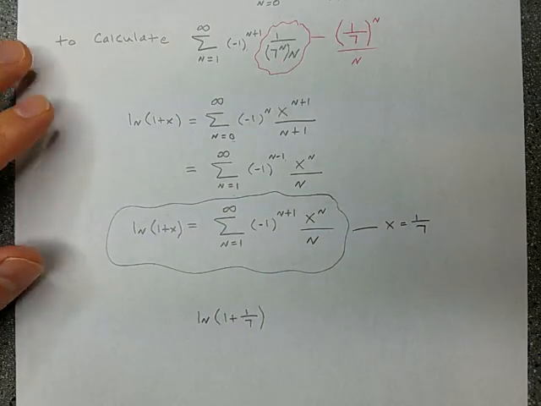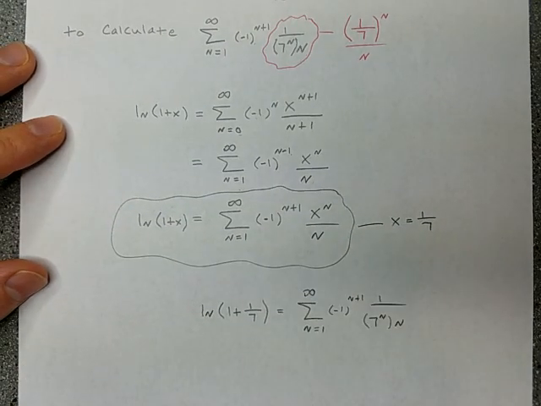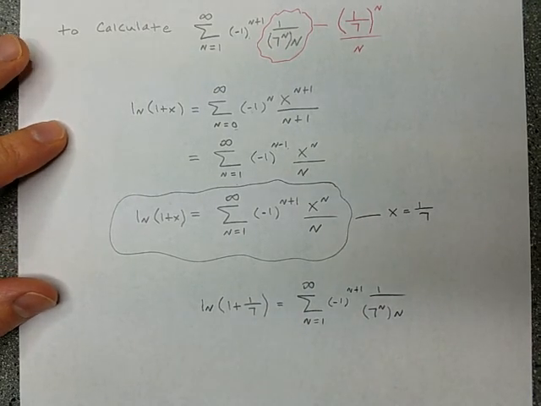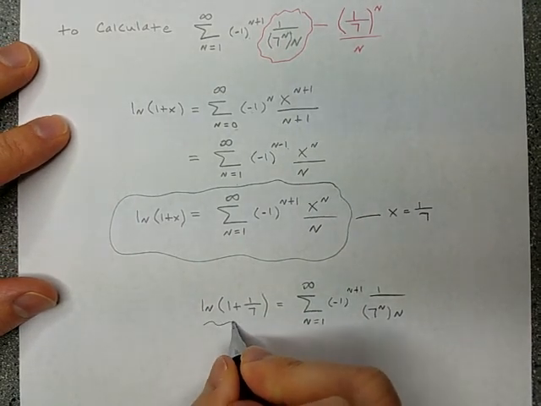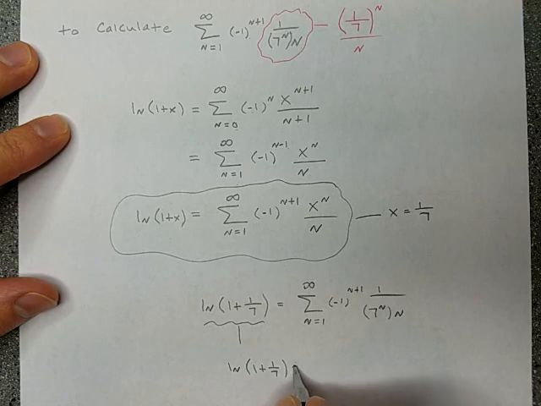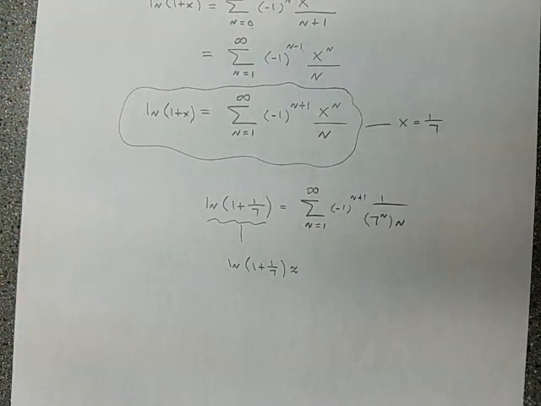I'm going to pause the video because I want to write that statement down. And there it is. You want to know what this is? That's it. Now what is that then? Natural log 1 plus 1 over 7 is an irrational number that's going to take some rounding. So let's see, calculator.